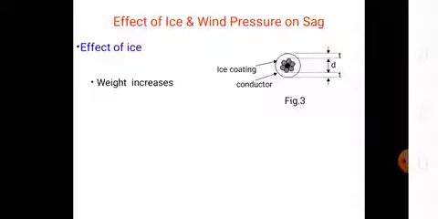That is, with the ice coating of the conductor, the thickness of the conductor should be increased. Here, the effect of ice is that the weight increases, and the weight of the ice is Wi.